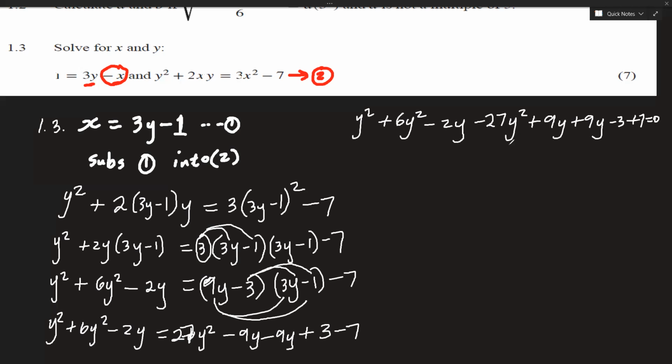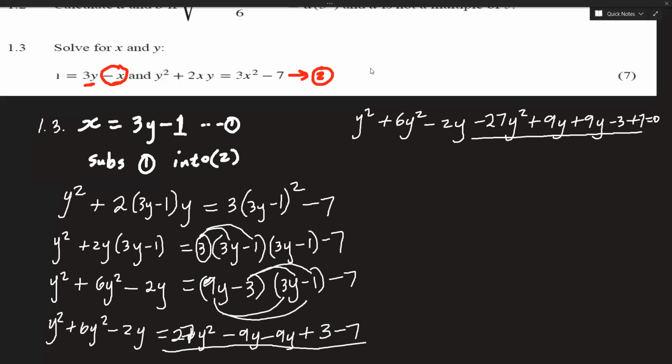If you want, you can move everything to the left, to the right. I mean, it does not matter which side you're moving them, but just remember to switch the signs. If you check from here to there, I was switching all the signs, right? Perfect. So now we're going to add like terms. We're going to add like terms.